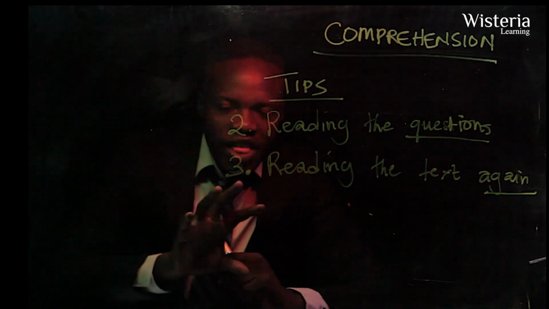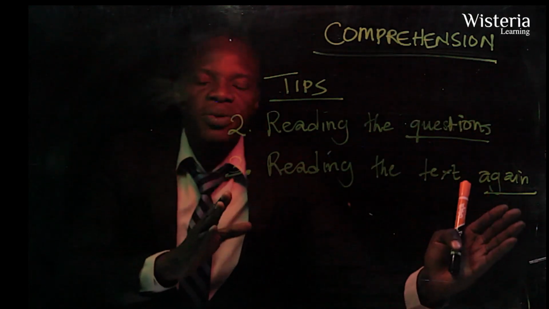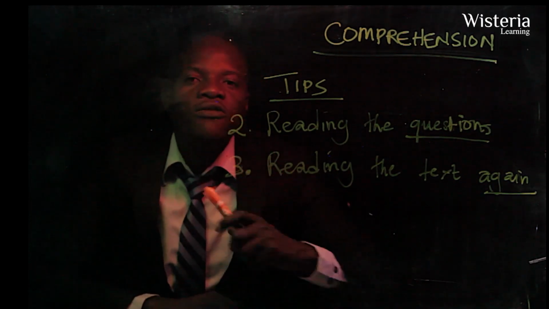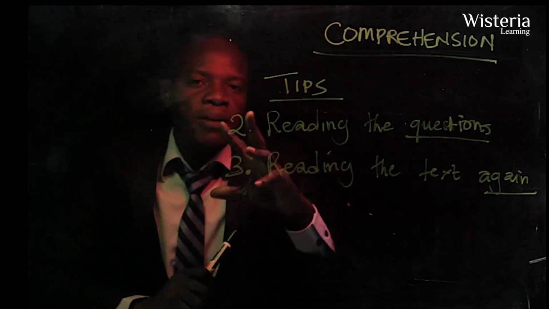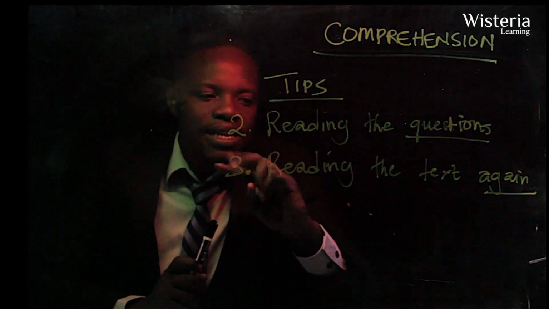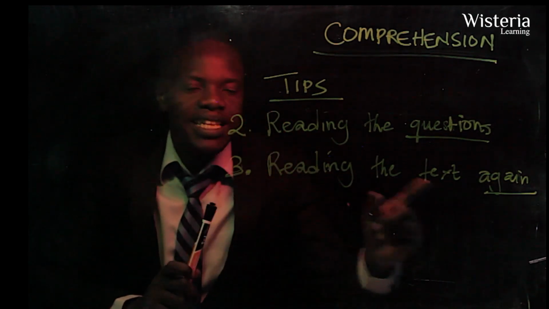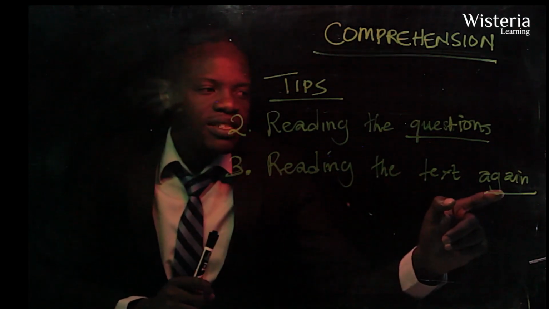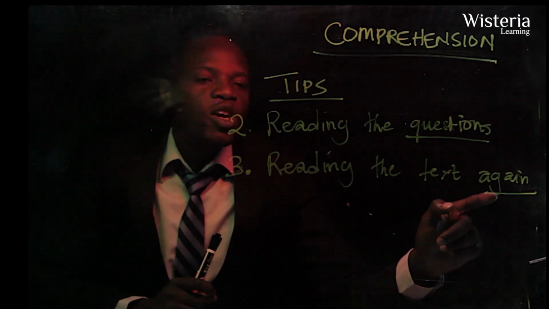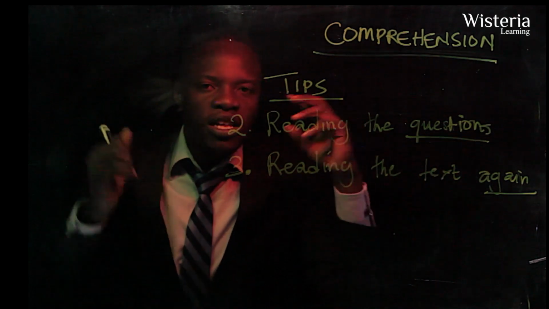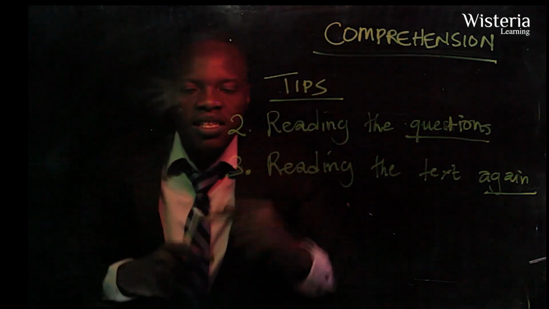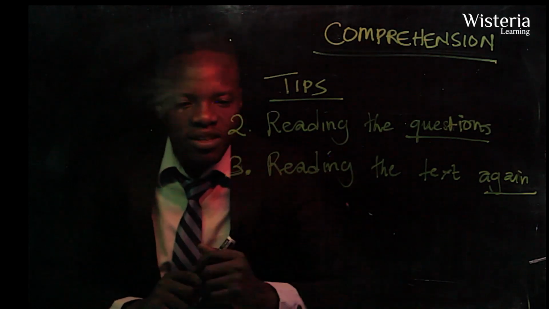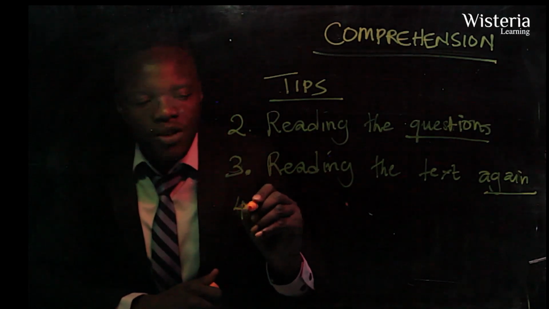As you do that in preparation for the comprehension component of the exam, you are also developing your muscle of reading quickly. So remember, you are reading twice. When you're reading the text for the second time, because you have read the questions, your mind is going to open up in certain ways that will help you answer these questions very well.